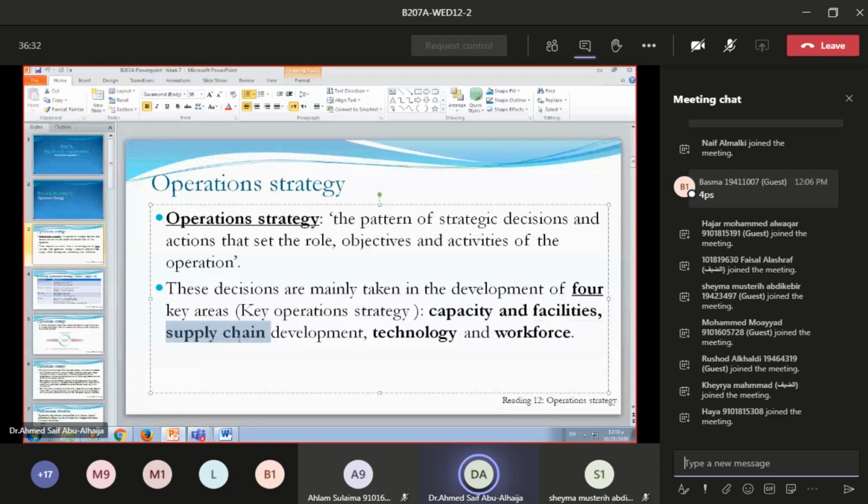What about supply chain? Remember, from the definition of operation, it's the process to deliver the products and services to customers. So supply chain is about the chain the company uses, from having the ingredients from the suppliers, then the processing, the production, then packaging, then sending the products to customers. So this is all about process.